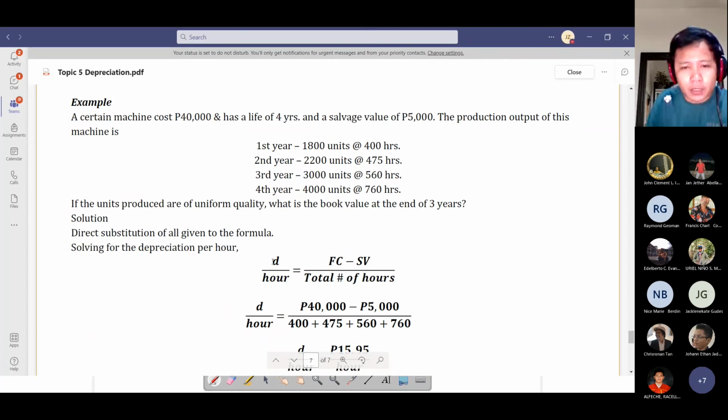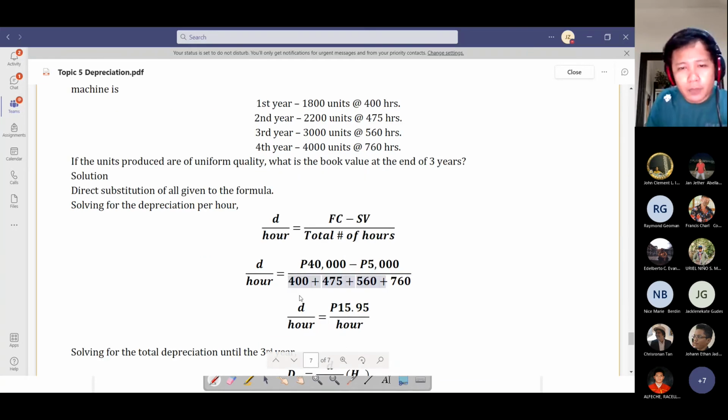First, determining the depreciation every hour. You will have first cost minus salvage value as usual, but your denominator will be the total number of hours. For this one, first cost is 40,000, salvage value is 5,000. And the total number of hours is given for every year, so you just sum it all up.